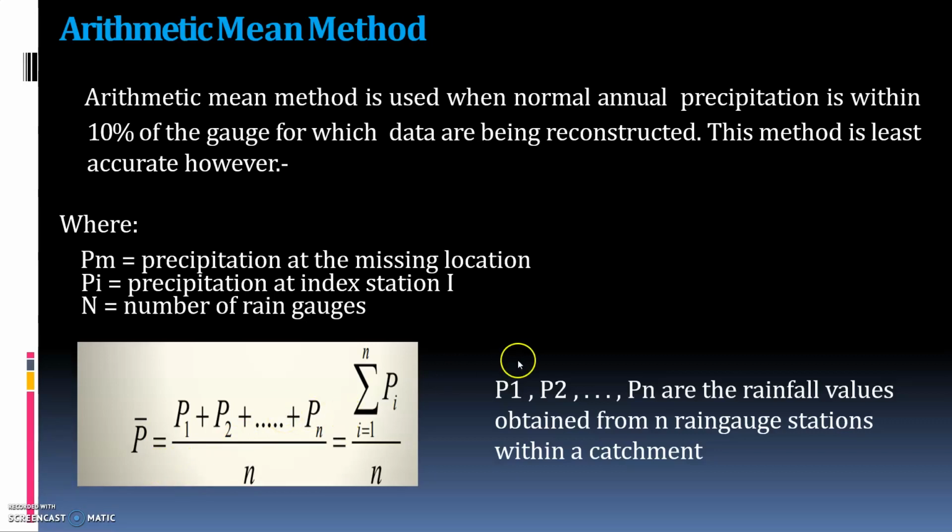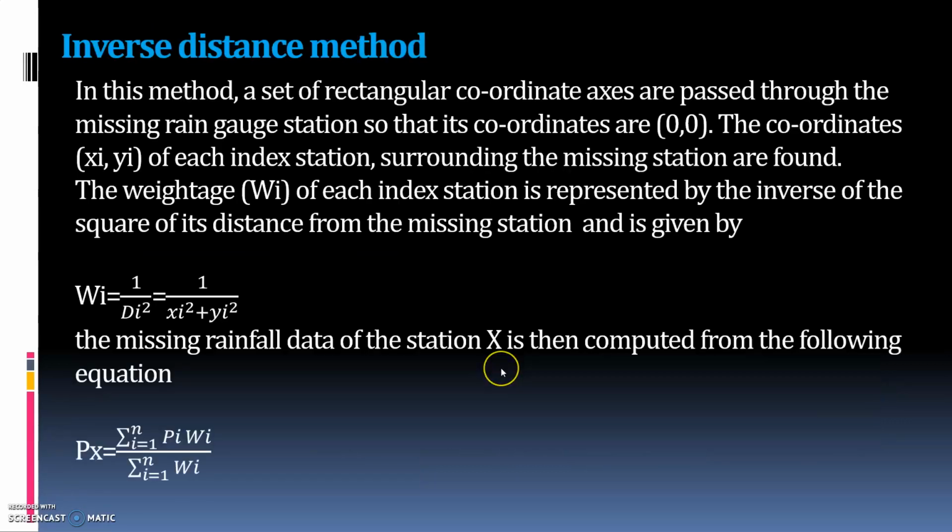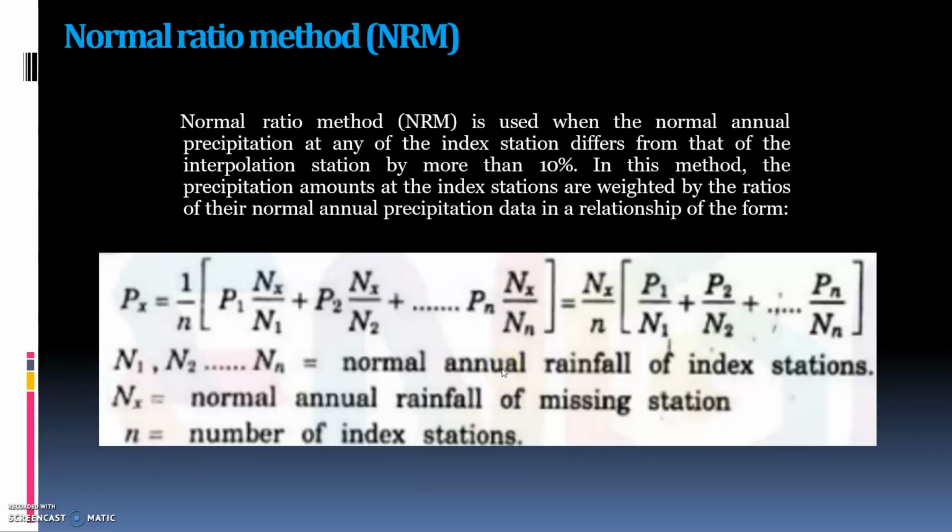Second one, normal ratio method. In this method, the rainfall of the surrounding index stations are weighed by the ratio of normal annual rainfalls by using the following equation.